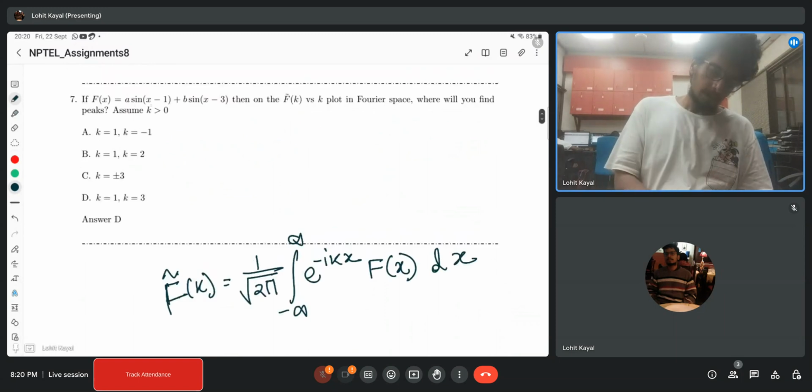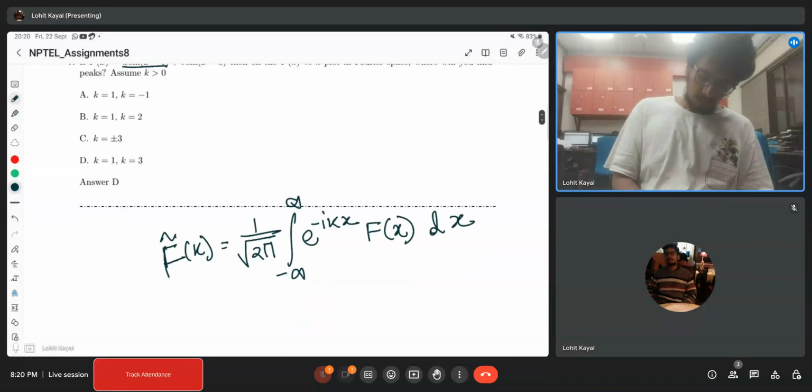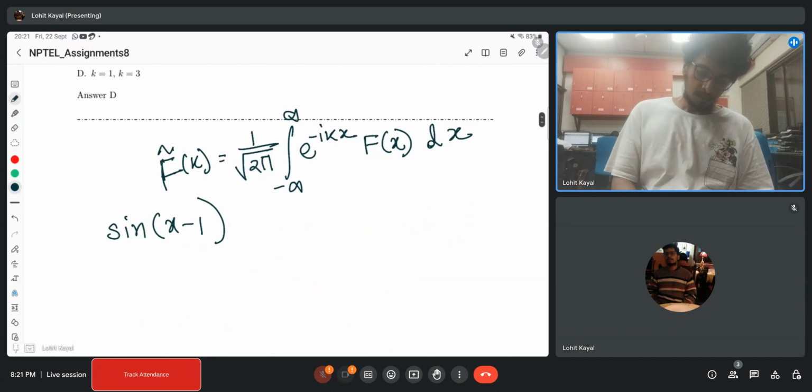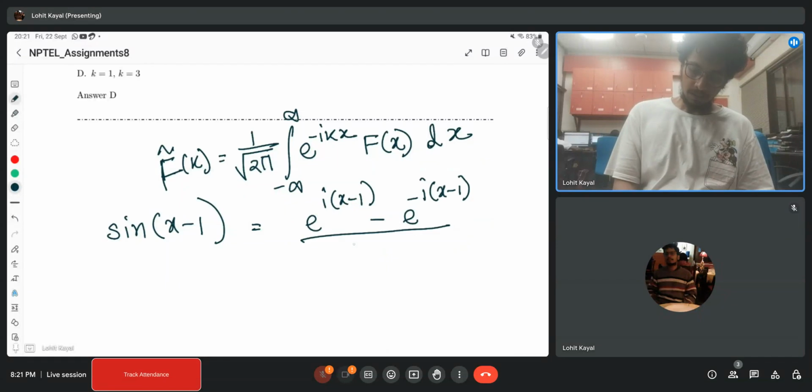If I take the first term only, sin(x minus 1), how can I write it? I can write it as e to the power i(x minus 1) minus e to the power minus i(x minus 1), divided by 2i.